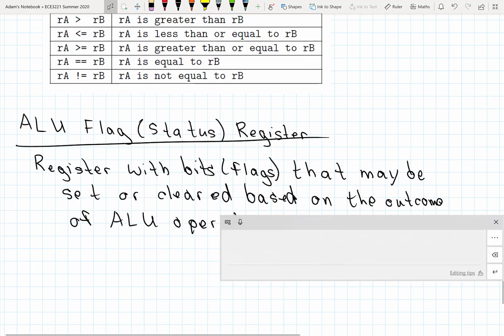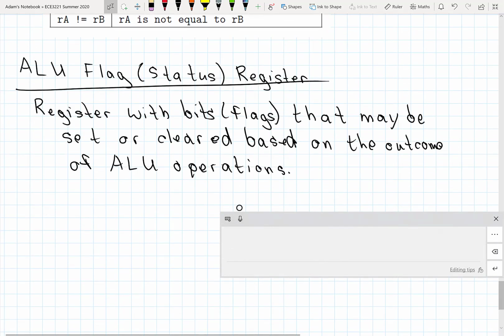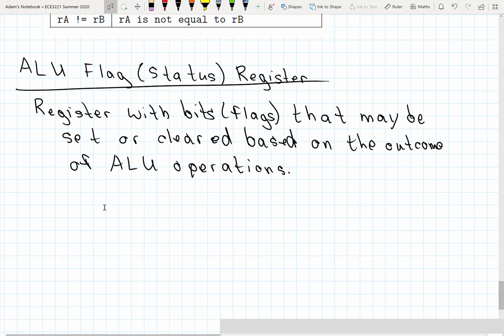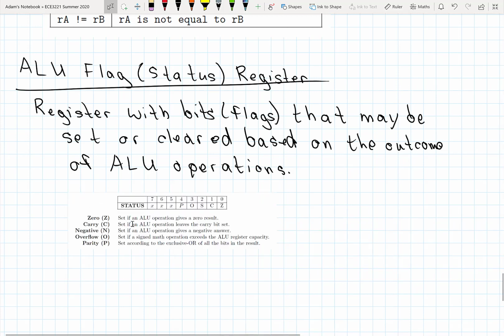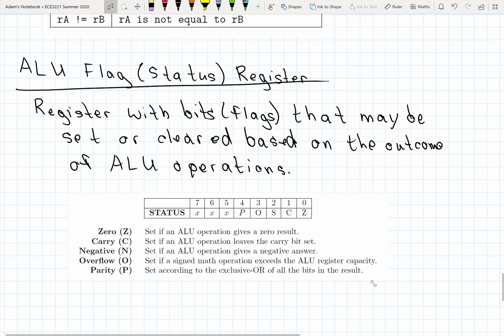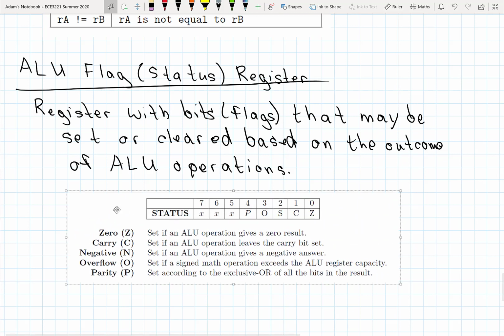Okay, so just to show what might be quite typical of a flag register, the ALU flag register might have flags that indicate that the ALU operation resulted in a 0, resulted in a carry bit being set, resulted in a negative answer, resulted in an overflow.